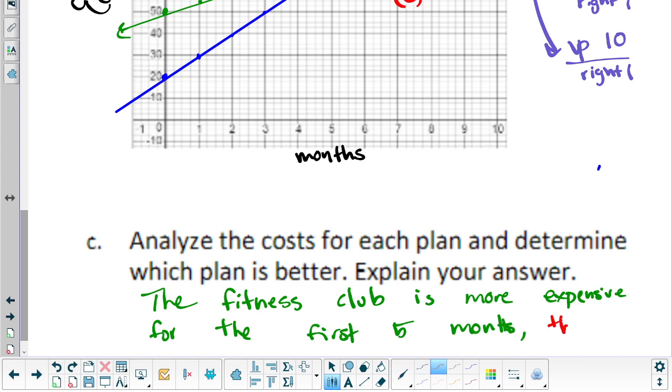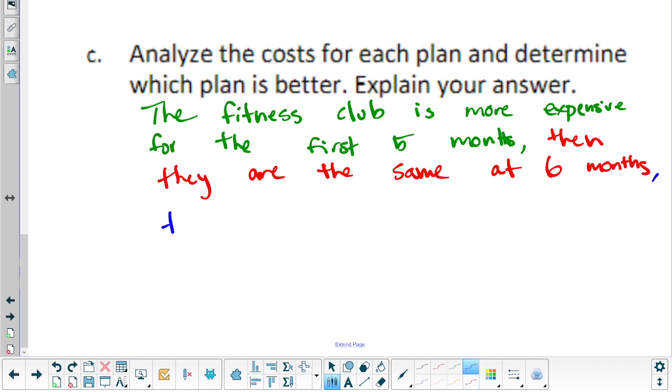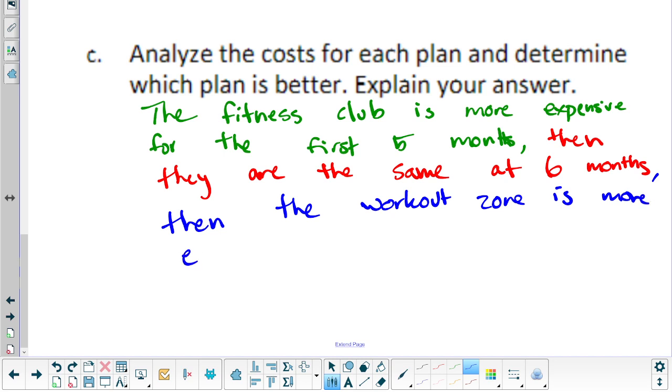And then they are the same because that's where they meet. So then they are the same at 6 months. Then the workout zone is more expensive.